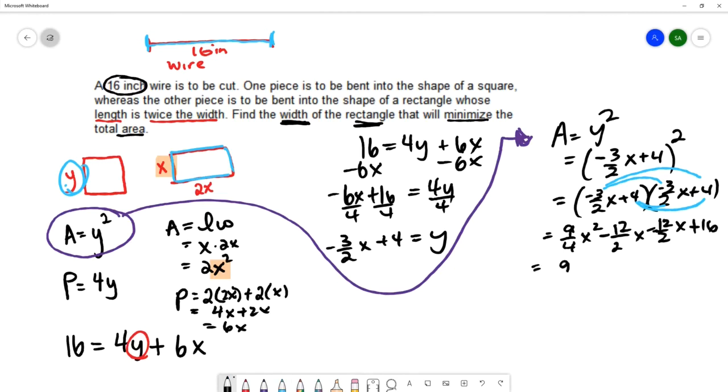I have 9 over 4x squared minus 6x plus 16. That's 9 over 4x squared minus 12x plus 16. And now this represents the area of the square.